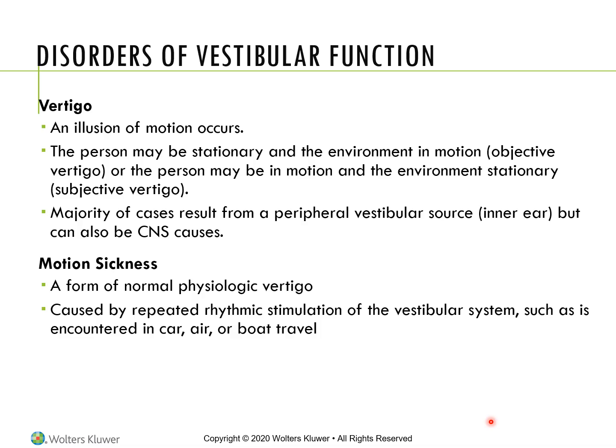That's subjective vertigo. Vertigo because of peripheral vestibular disorders tends to be severe in intensity and episodic in duration. We contrast that to vertigo caused by central vestibular causes. Those tend to be a little more mild and more constant and chronic.